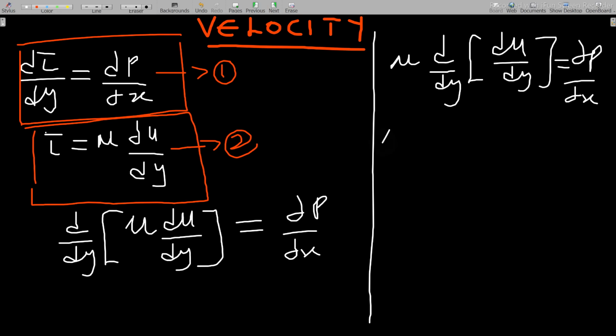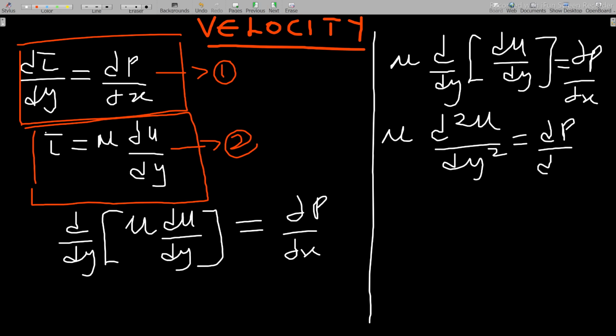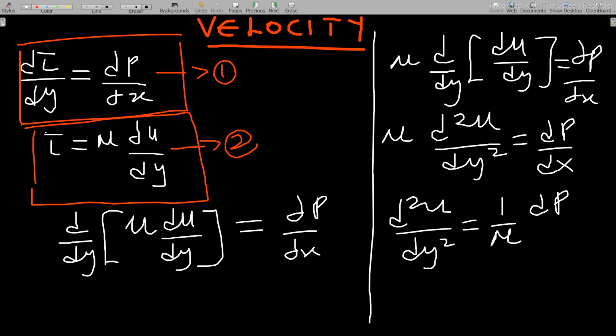Now mu is a constant, so I can take mu out, then d dy of du dy again, equal to del p del x. With this, I get mu d squared u dy squared equal to dp dx. So I have d squared u dy squared is equal to 1 over mu dp dx.